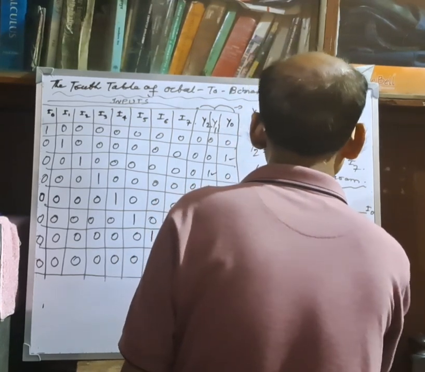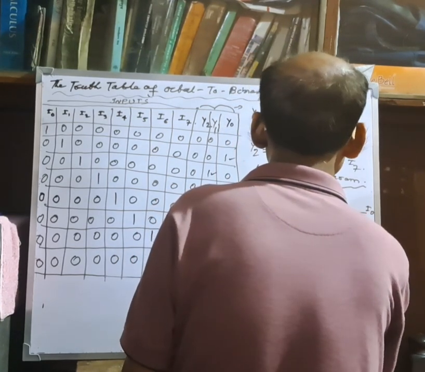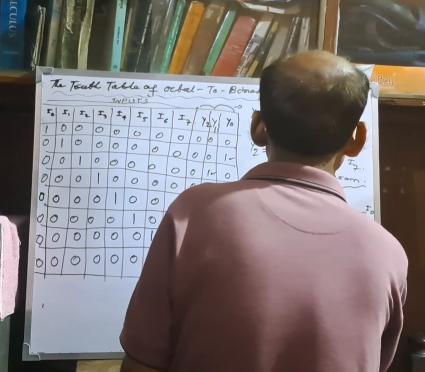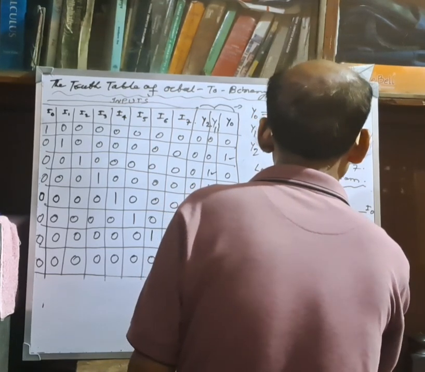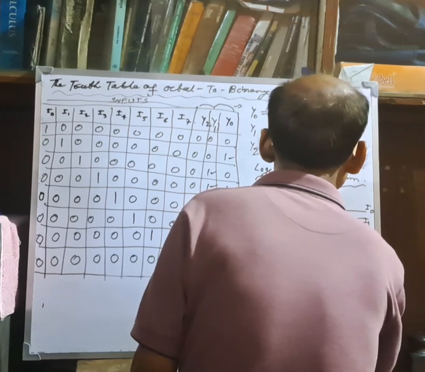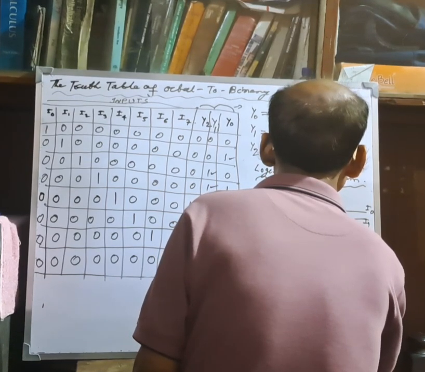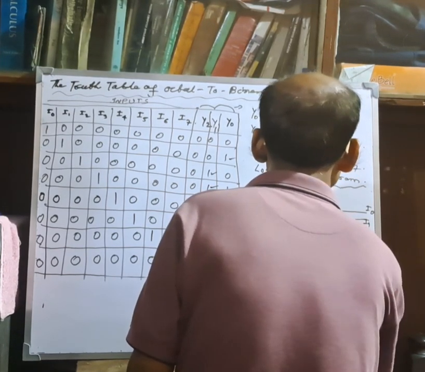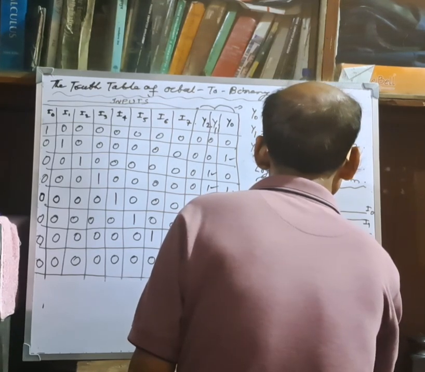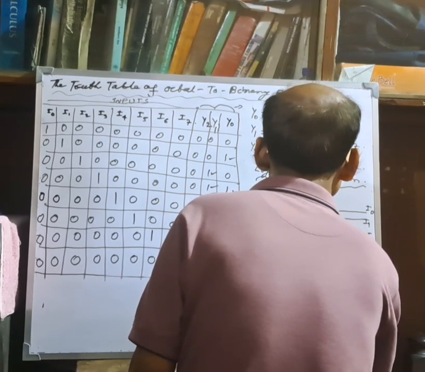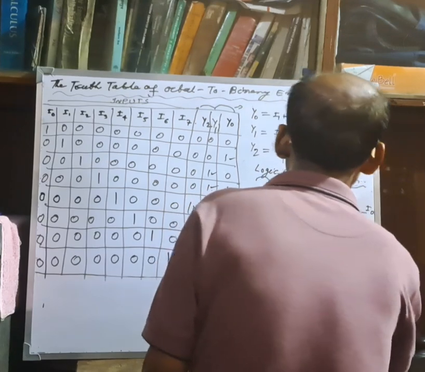0, 0, 1, 0, 1, 2. 0, 1, 0, 1, 2. And this will be here 3. Right, this is one line.